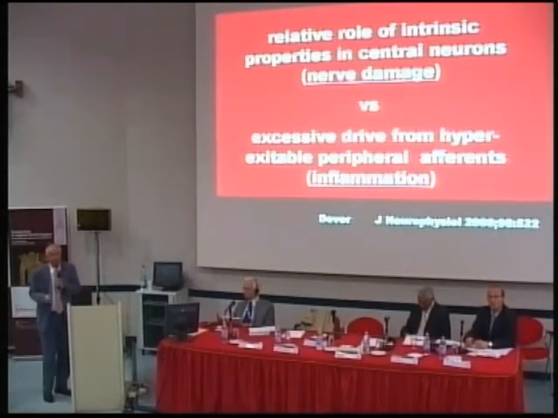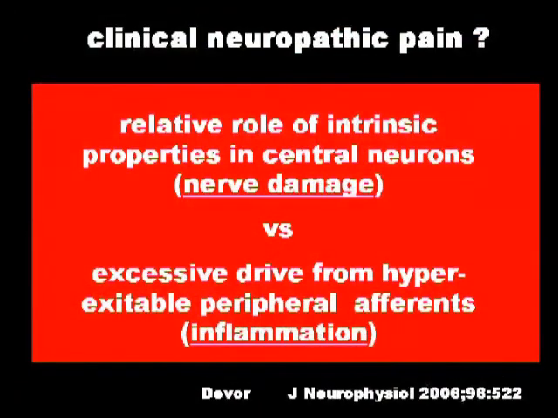So the key question here to understand the neurophysiology, and that will help us to design the prevention or the treatment of these patients, is: what is the relative role of intrinsic properties in the central neurons following a nerve damage, the spinal cord physiology with hypersensitivity, etc., versus an excessive drive from the hyperexcitable peripheral afferents due to the inflammation from the mesh?